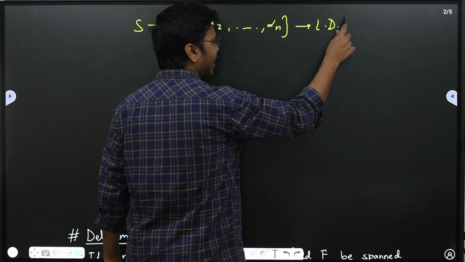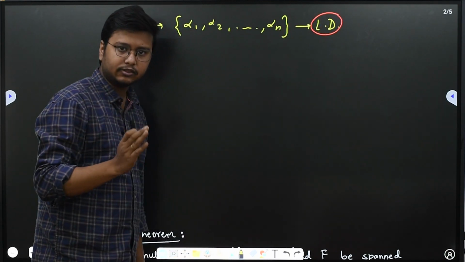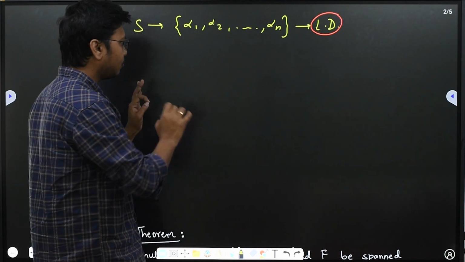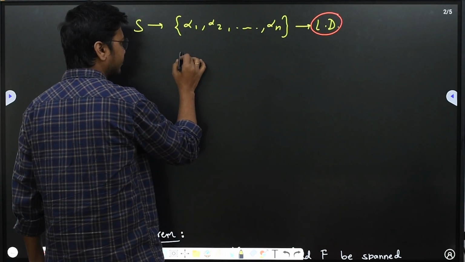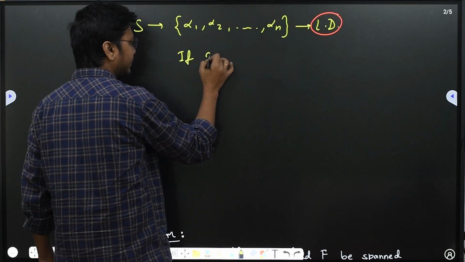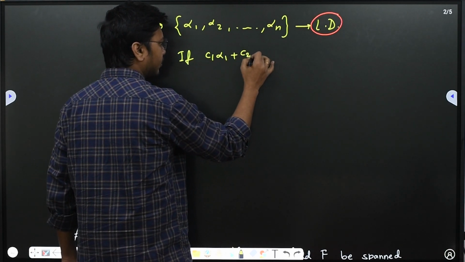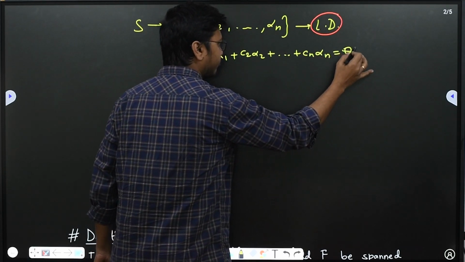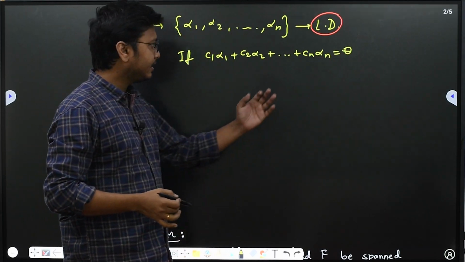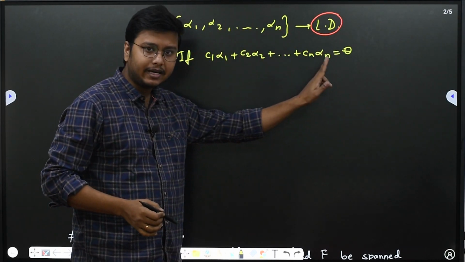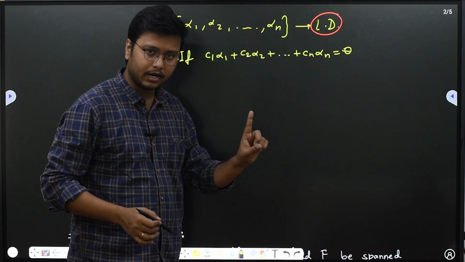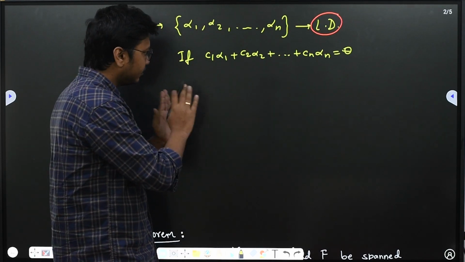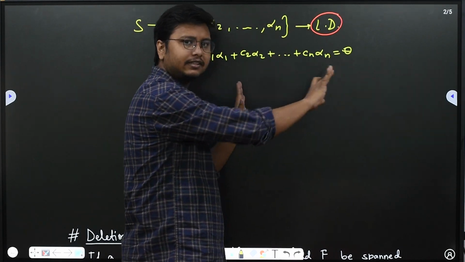Now as per the definition of linear dependence which we have done in the previous lecture, if I take this relation, C1 alpha 1 plus C2 alpha 2 plus dot dot dot Cn alpha n equals theta, then if this set is linearly dependent, there exists at least one non-zero constant which will be satisfying this relation.